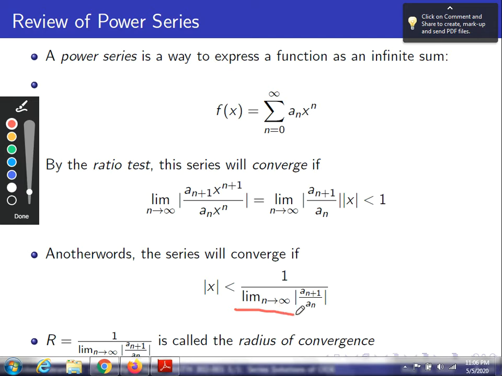Now, this number on the right-hand side is called the radius of convergence. And what this means is that when the absolute value of x is less than this number, the series will converge.